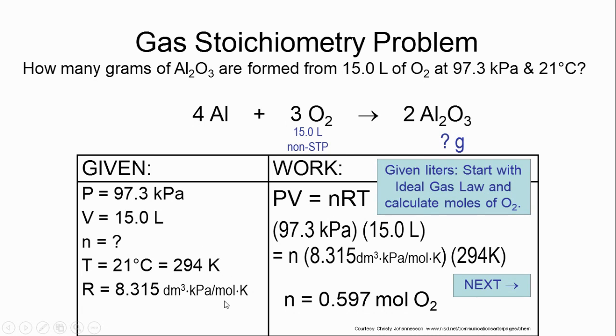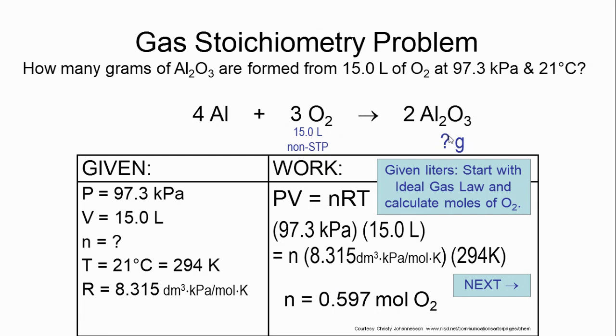I'm going to take all of this information on the left side and substitute it into the equation, solving for number of moles. So I'm solving for the moles of oxygen, and it comes out to be 0.597 moles.